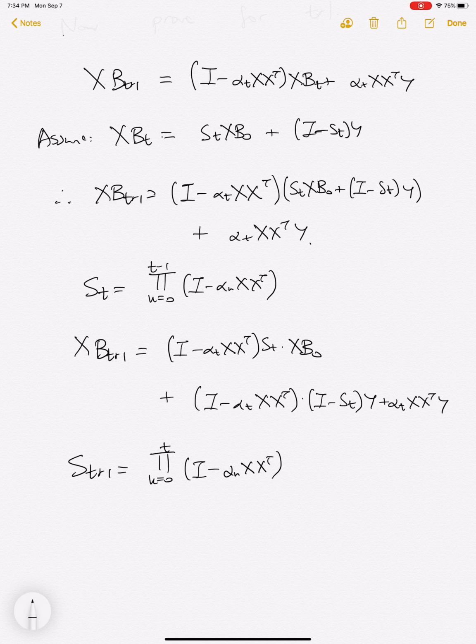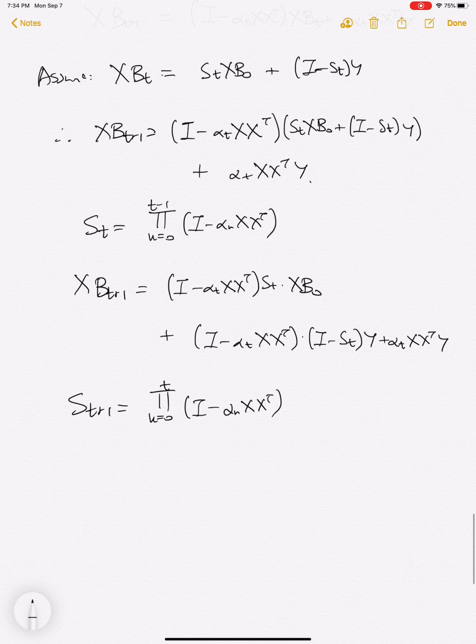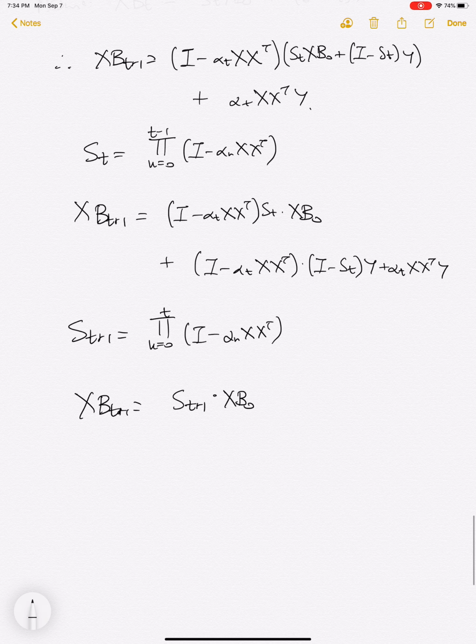Okay, and so we can see that clearly the expression in front of x_0 is just S_{t+1}. And then for y, we can add all the terms up.